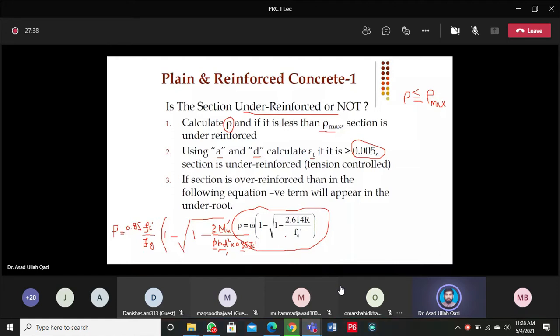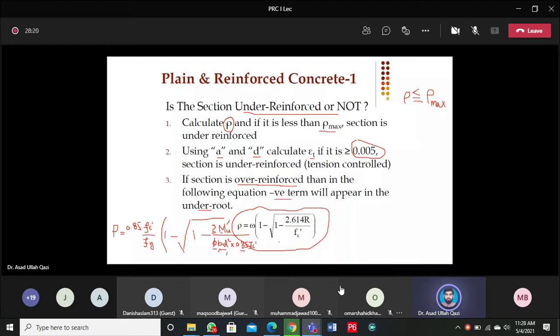In our simple reinforced concrete mechanics, this cross section has a minus term under the root, because of the second component, 1 minus Mu over b d squared times phi times 0.5 f c prime. So if the answer comes out negative under the root, this will be an indication that your section is over reinforced, and a negative term will appear under the root.